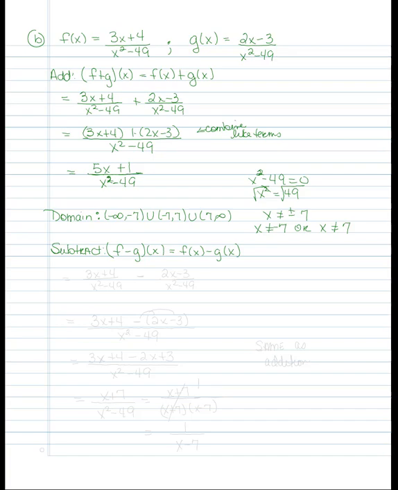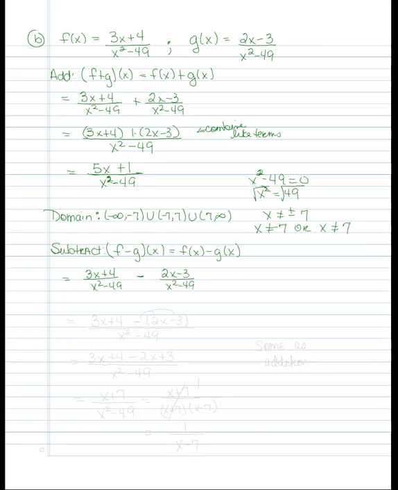So we're going to subtract, taking the same functions: 3x plus 4 over x squared minus 49 minus 2x minus 3 over x squared minus 49.